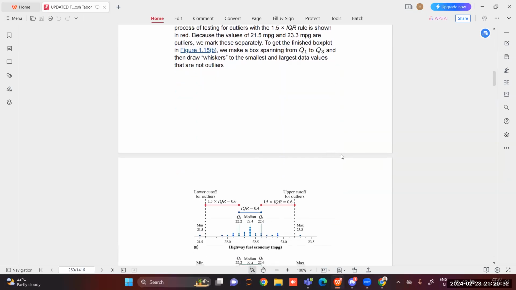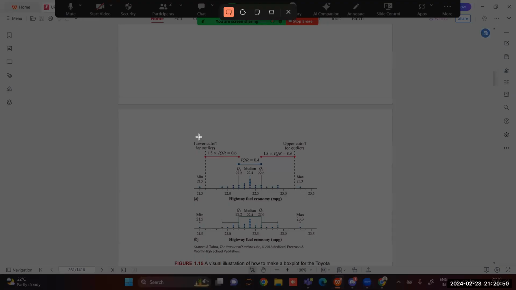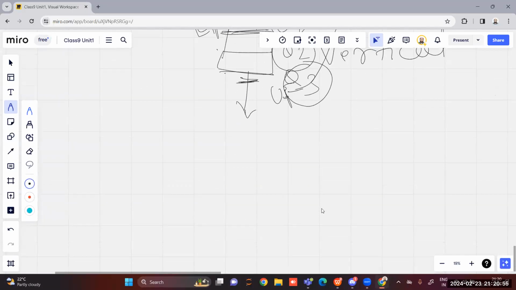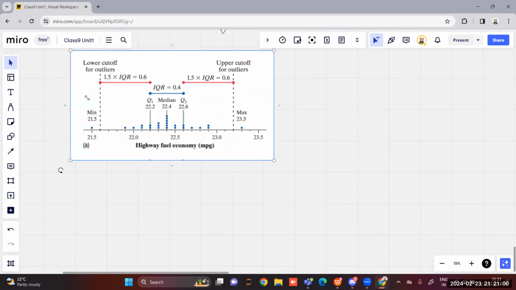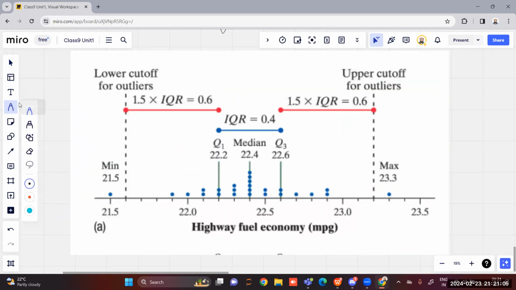Okay, so the next thing, how he is explaining that this is Q3, this is Q1, this is the median. See, this is the lower cutoff for outliers, and this is the upper cutoff for outliers.